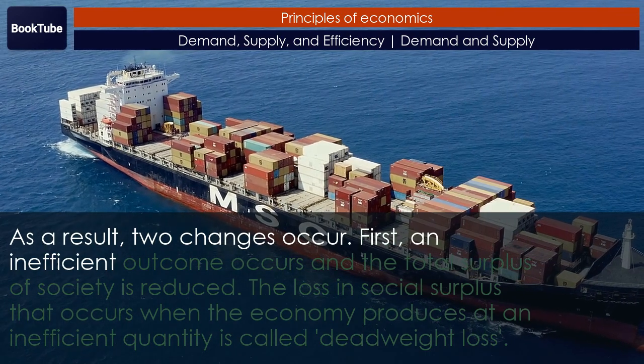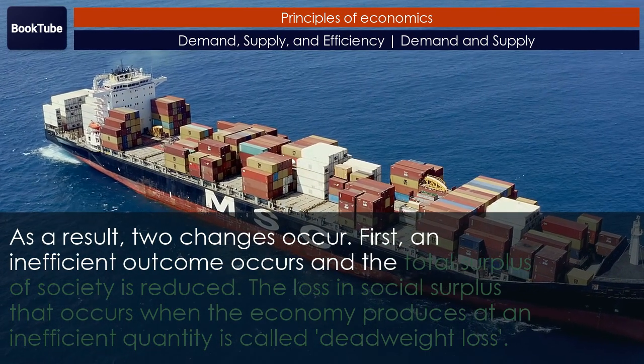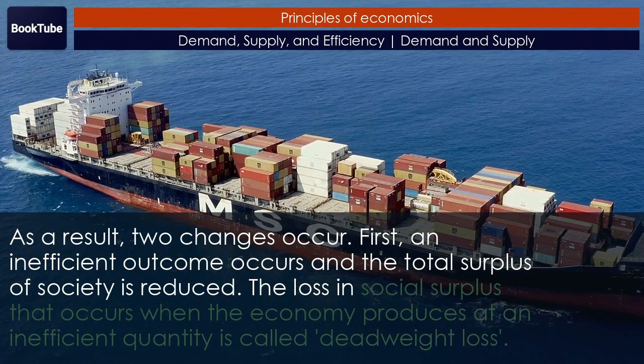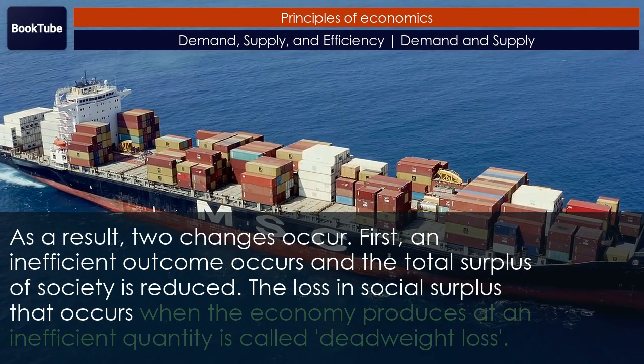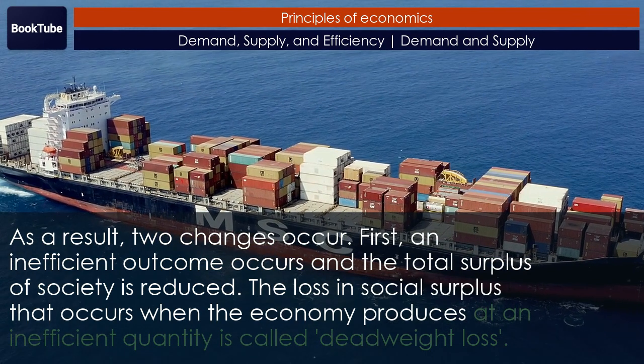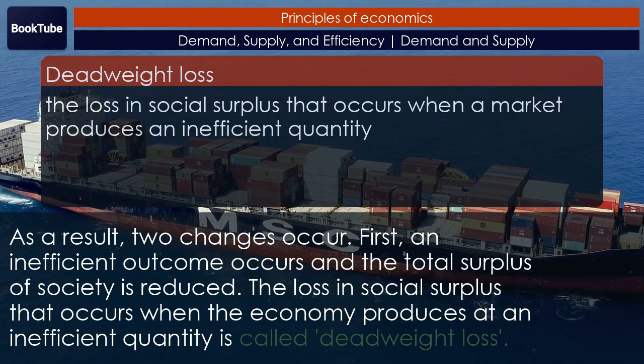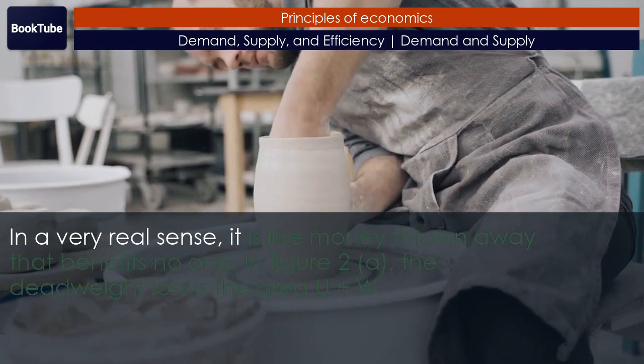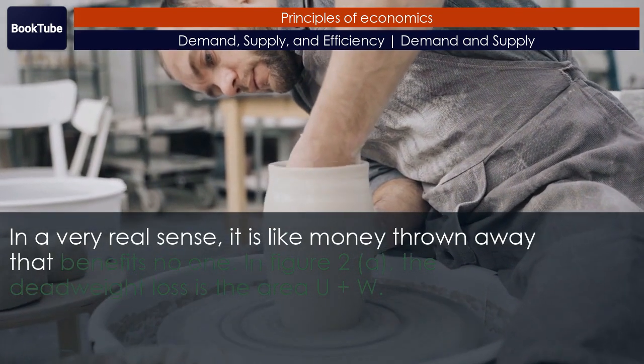First, an inefficient outcome occurs and the total surplus of society is reduced. The loss in social surplus that occurs when the economy produces at an inefficient quantity is called deadweight loss. In a very real sense, it is like money thrown away that benefits no one.